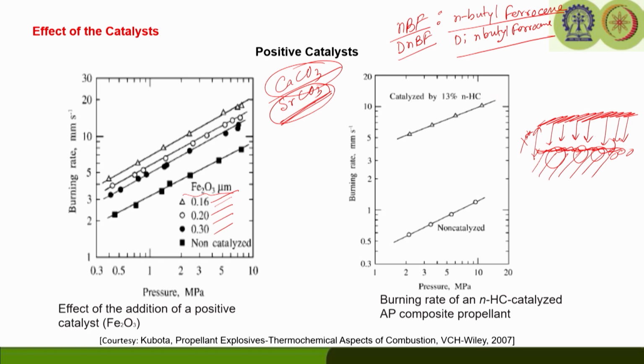We can see here that N-hexyl carborane is basically going to provide some boron atoms on the propellant surfaces. So, that is going to serve as a fuel component in the combustion wave, because the thermal decomposition of N-hexyl carborane is going to generate boron atoms.